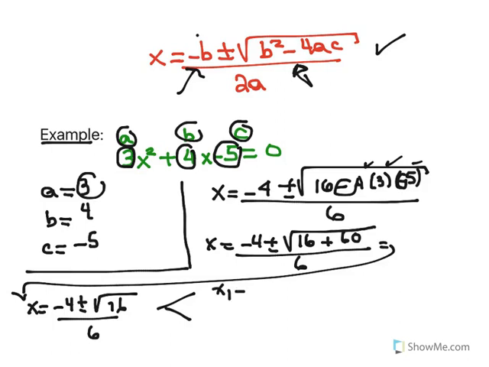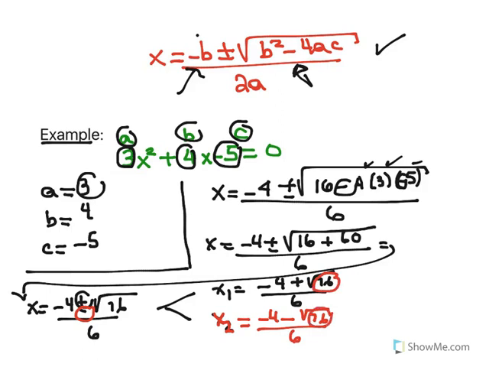My first answer, I'm going to write x sub 1, is negative 4 plus the square root of 76 divided by 6. My second answer, instead of a plus, I'm going to use minus. Let me write it in red so we can distinguish: negative 4 minus the square root of 76 divided by 6.